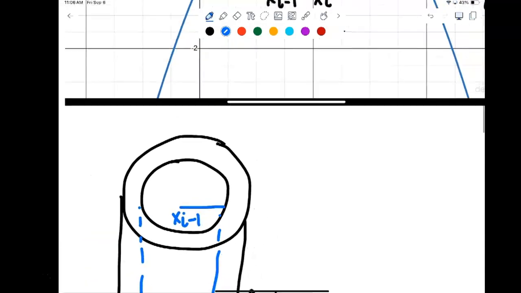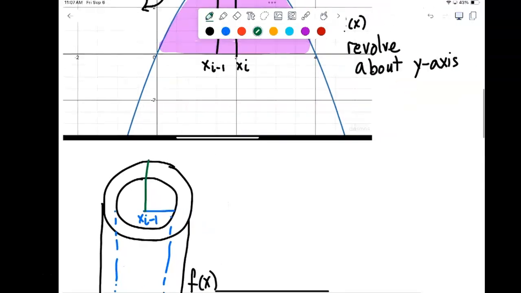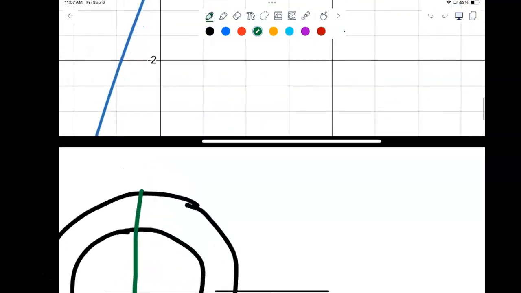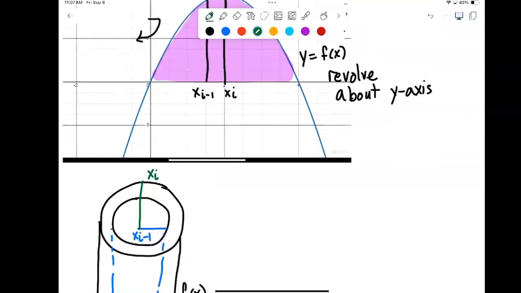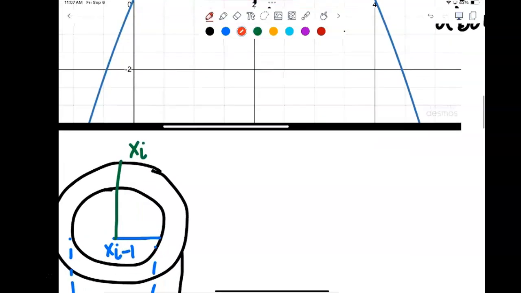The outer radius is your second x value, x sub i. The thickness of my little pipe, this little piece right here, is the width of that interval, delta x sub i.